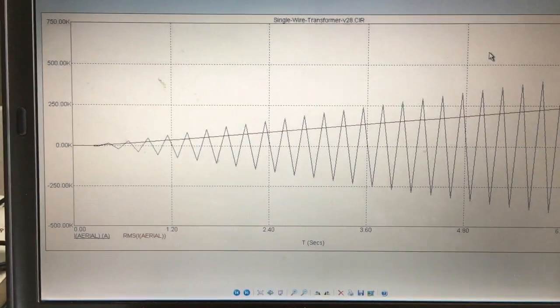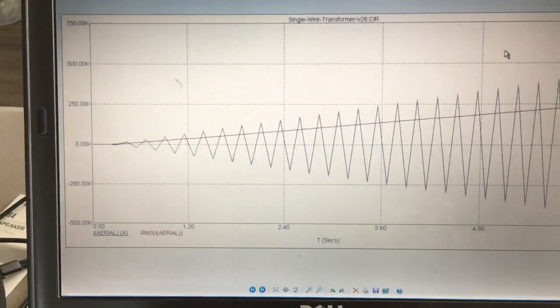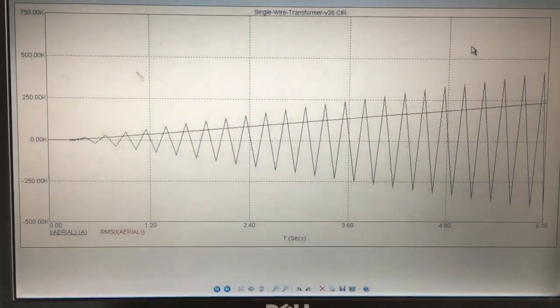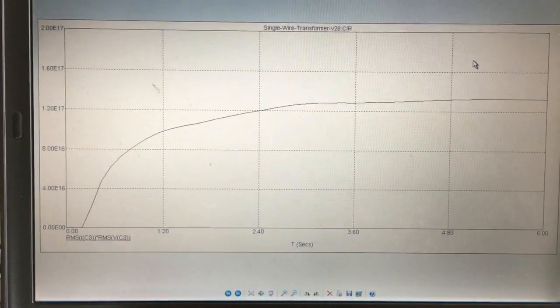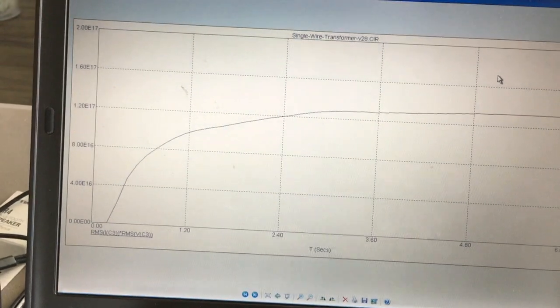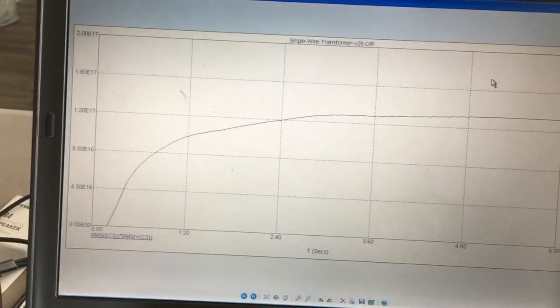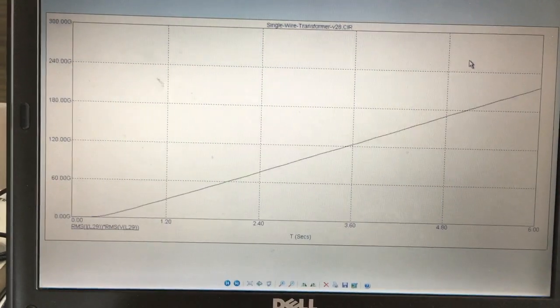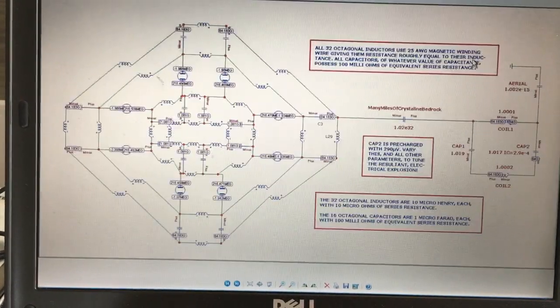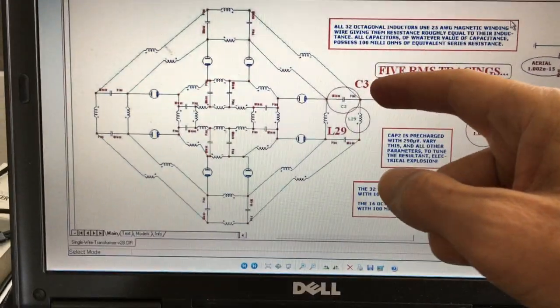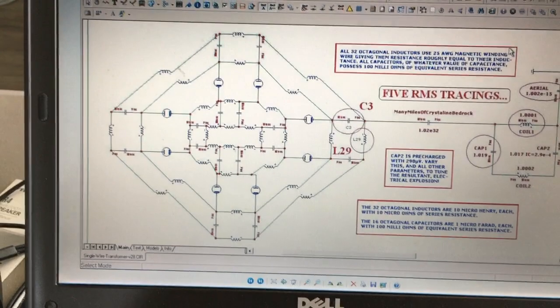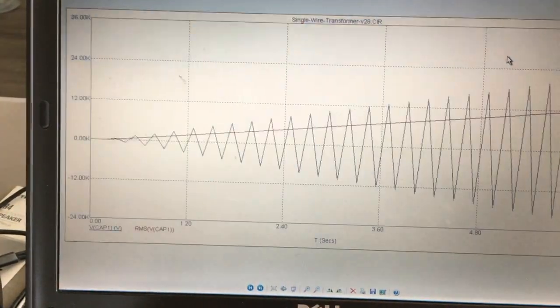So it's less than 500,000 amps are these triangular waves. Now, oh, we saw that already. Now we're looking at capacitor number 3. So if we go back to the schematic, capacitor number 3 is this one up here, okay? Within the octagonal arrangement.